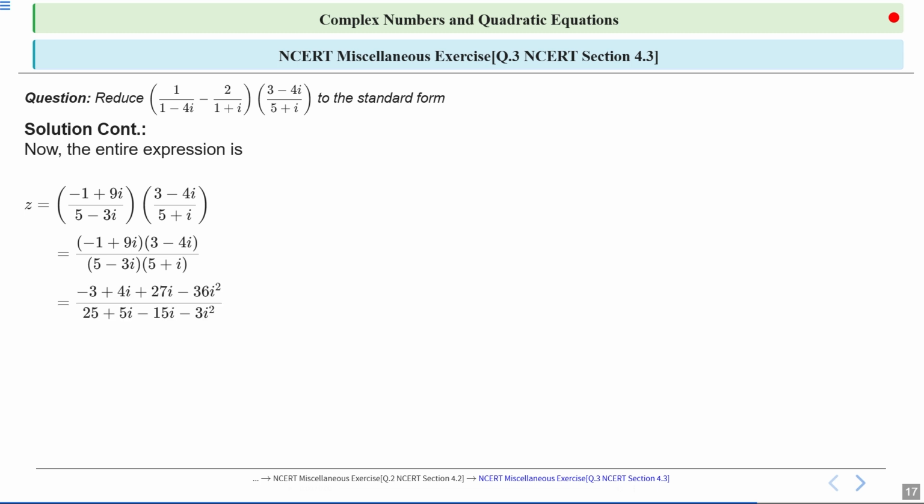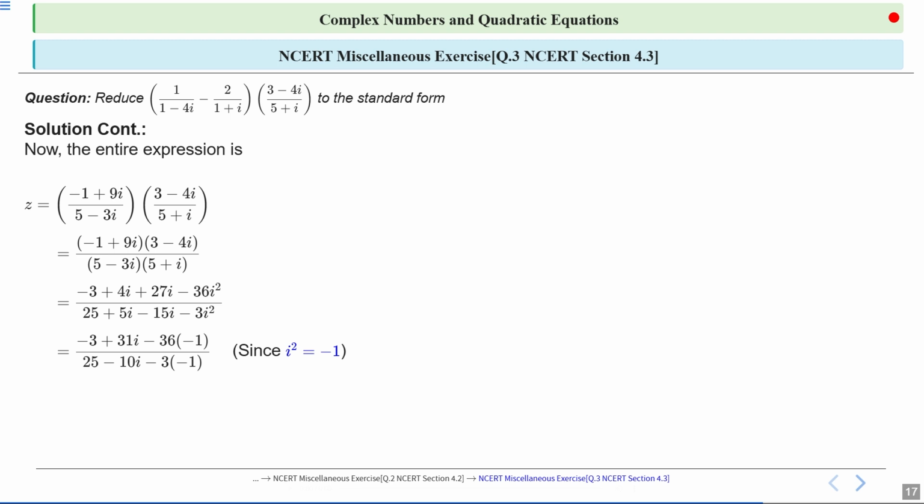Let's expand both the numerator and the denominator. So the numerator becomes minus 3 plus 4 times iota plus 27 iota minus 36 iota square, divided by 25 plus 5 times iota minus 15 times iota minus 3 times iota square. Now let's simplify using the fact that iota square equals minus 1.